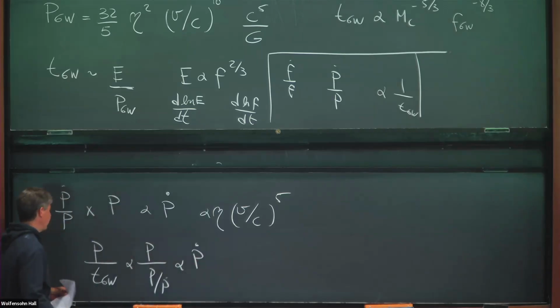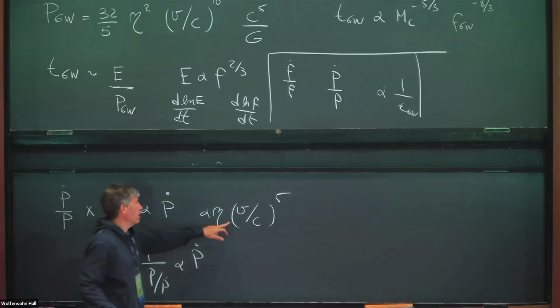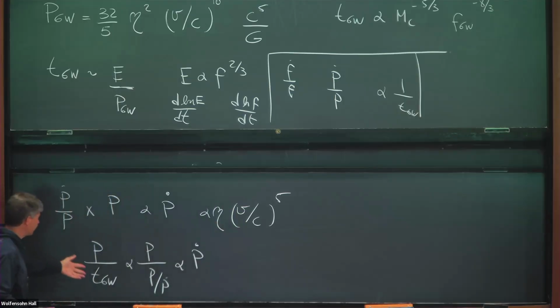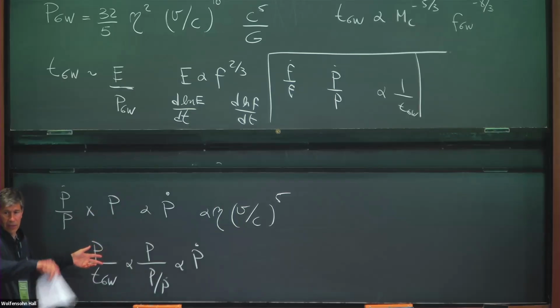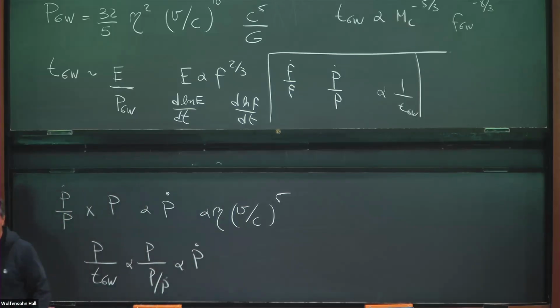P dot, okay? So again, the relative time scale of the period compared to gravitational waves is just this P dot, which normally, if the thing is not very near merger, is a very long time. It's v over c, or T gravitational waves is much longer than the period. It takes many orbits for the thing to evolve, right? So this is v over c to the fifth, so it's a small number, okay?